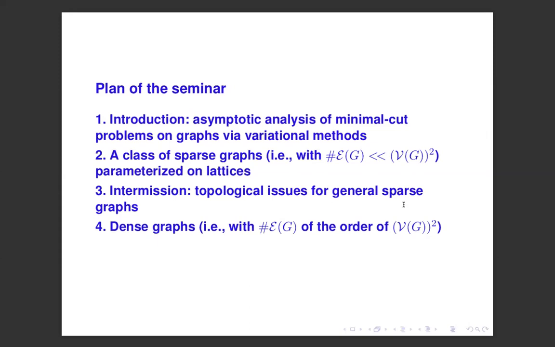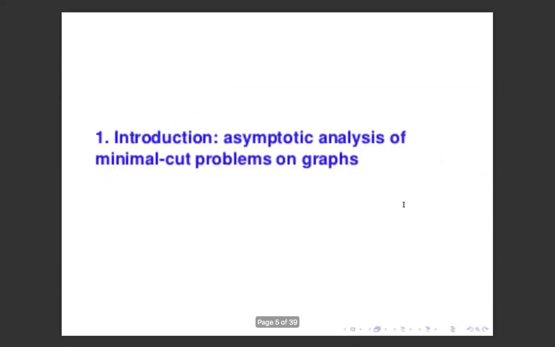And there will be a short intermission where we will see what kind of problems arise also for very simple sparse graphs. And then we will go to dense graphs, so when the number of edges is of the same order of the total number of possible bonds.